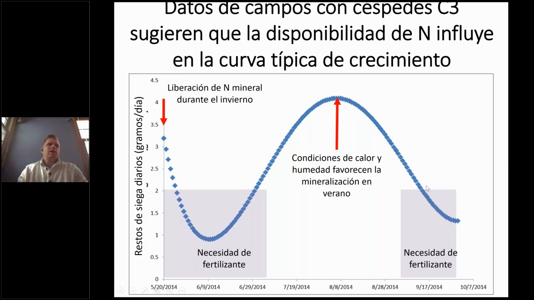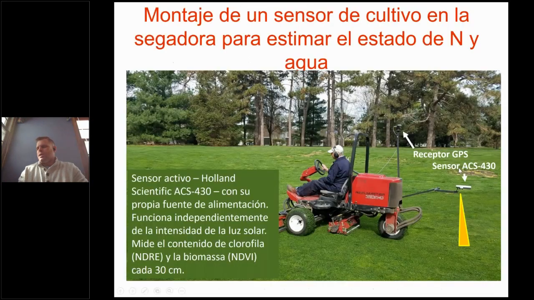So one thing that we've been trying to do too is use sensors to sense the growth rate and the color of the grass. Recently we put a crop sensor, this Holland Scientific active crop sensor, on the back of our mower, and it has a GPS receiver on top. We can shoot some light down to the grass canopy, and then the light bounces back.